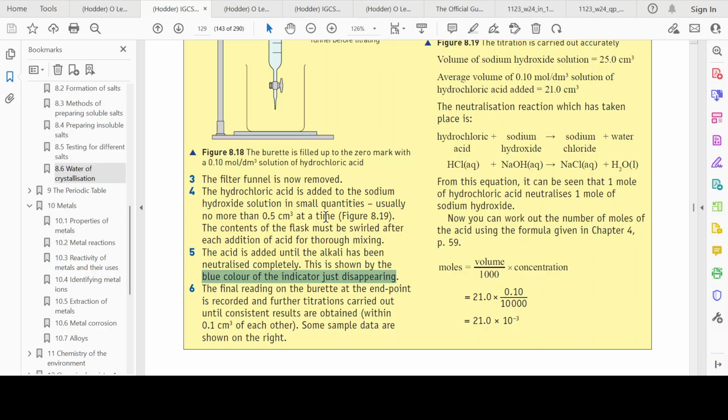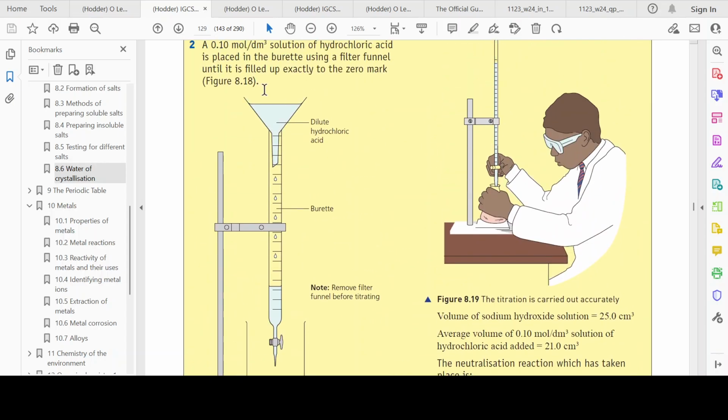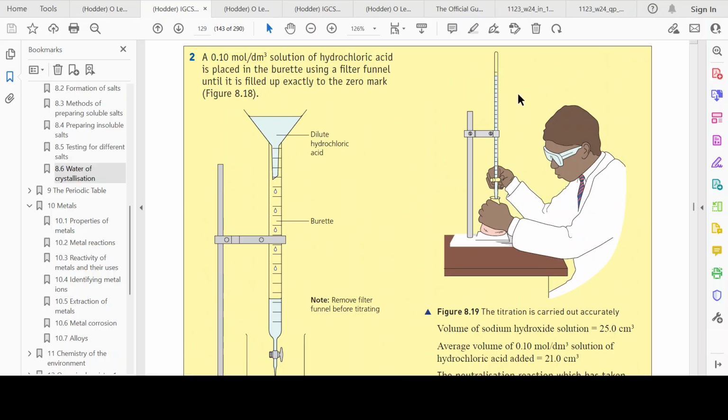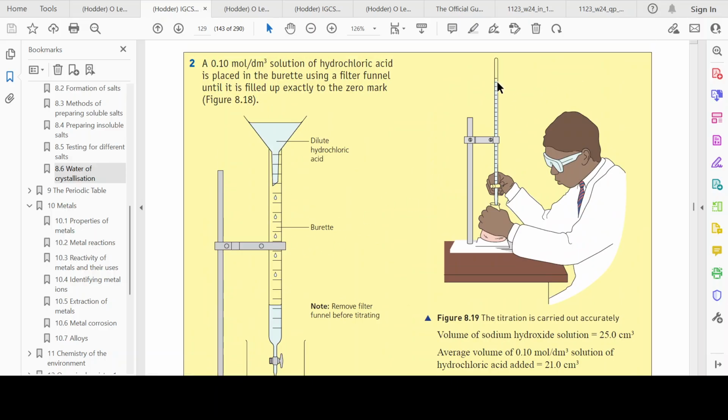Then you take the final reading from the top. It starts from 0 at the top, so wherever the liquid is, that's your reading. Maybe you used 5 centimeter cube, maybe it's 10, whatever it is. You take the reading from the top, going down, and see where the liquid is after the titration.